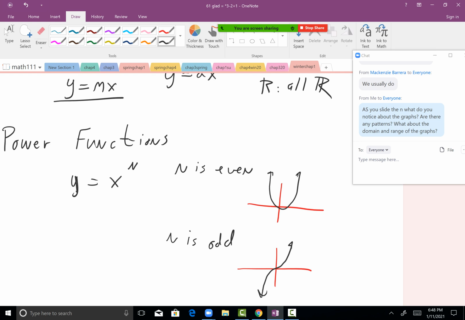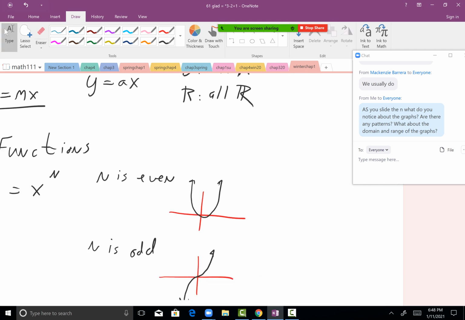They all seem to have all real numbers for the domain. Yeah, I think you're right. The domain for all these are all real. It's good. So domain for this one was all real.